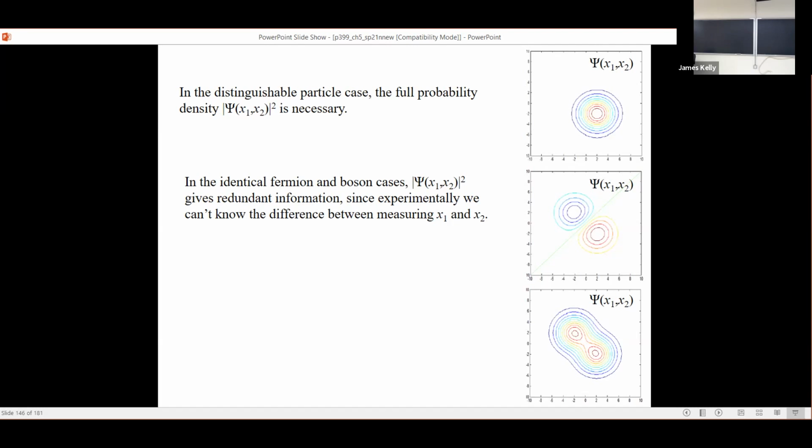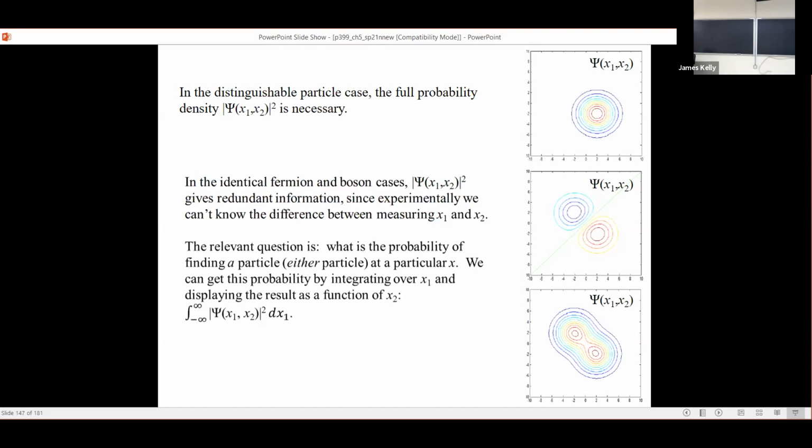Did I plug in the wrong thing? All right, that didn't work. I really want to be able to point for the purposes of people on Zoom, but it's not working so well. Let's try this again. There we go. Okay, we'll see if that holds up.